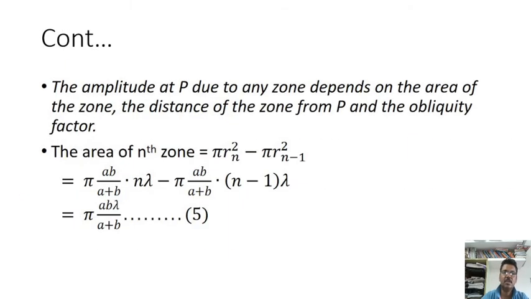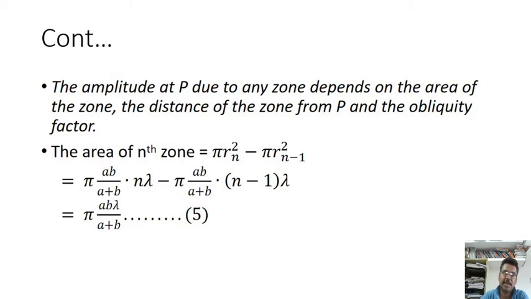After knowing this, the amplitude at P due to any zone depends on the area of the zone, the distance of the zone from P, and the obliquity factor. We can write the area of the nth zone as pi Rn square minus pi R square of n minus 1.